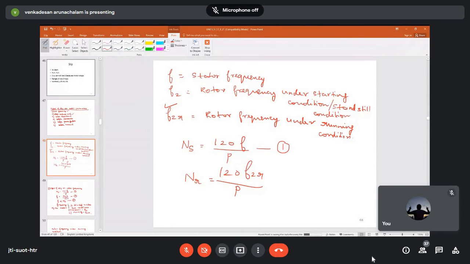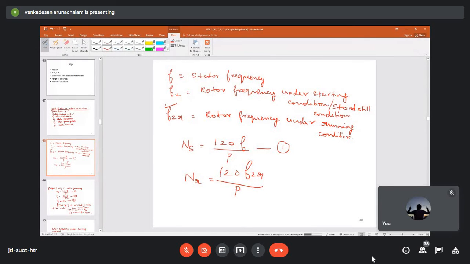Yes. So it is because of the relative speed between the stator and the rotor. Because of that only the rate of change, that is the frequency with which the EMF is induced. So it is not simply NR, it is NS minus NR, right?